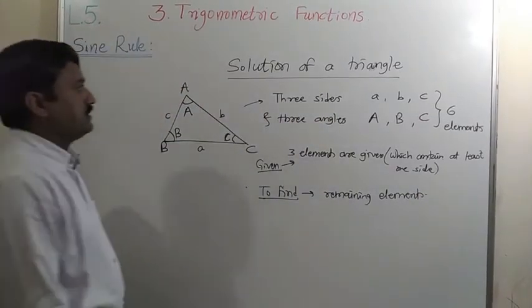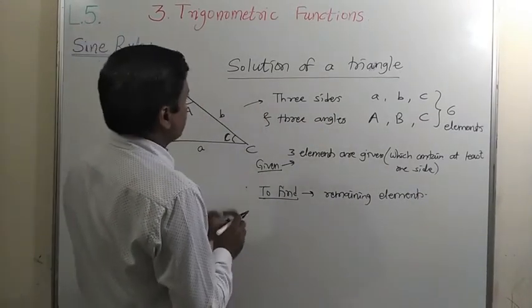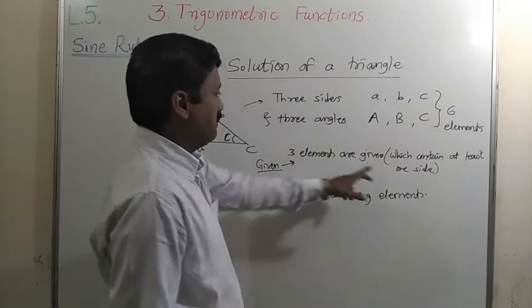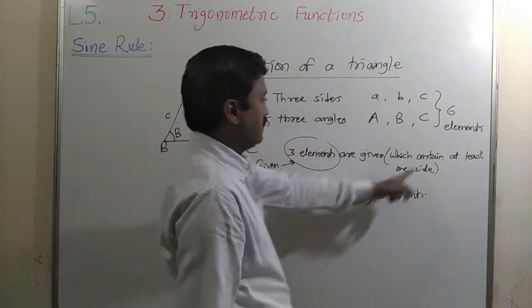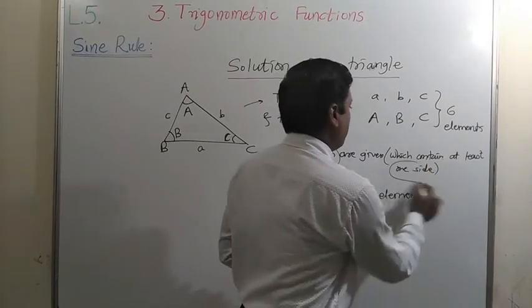This is the way of the question. Solution of a triangle means, if 3 elements are given, then find the remaining 3 elements. In these 3 elements, one element should be a side.